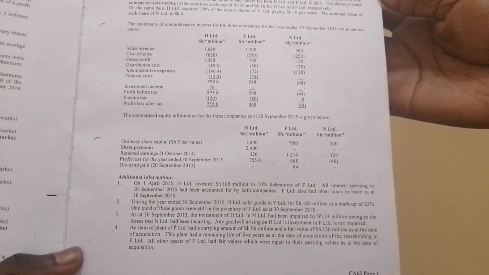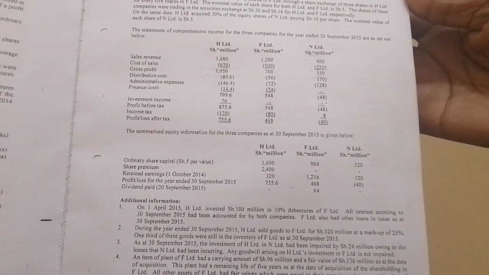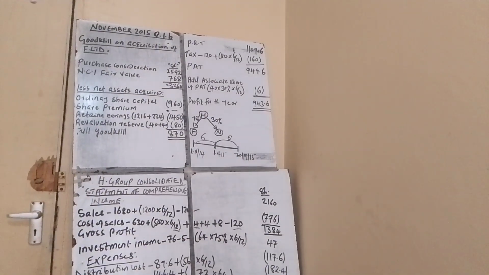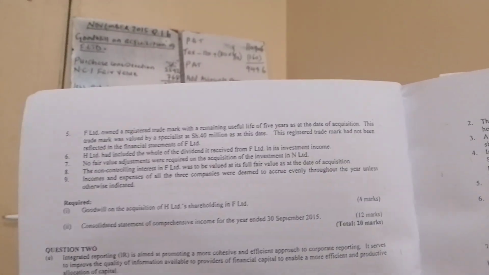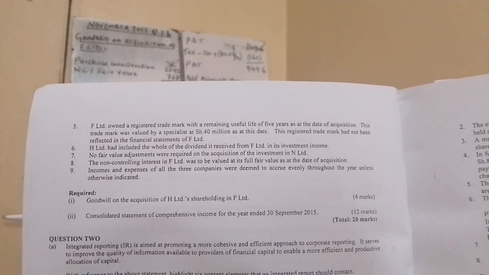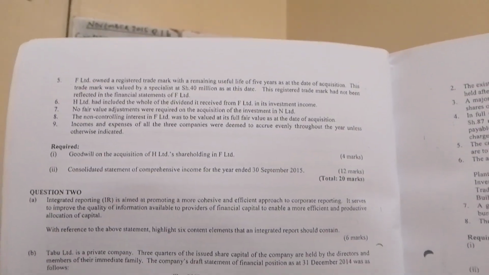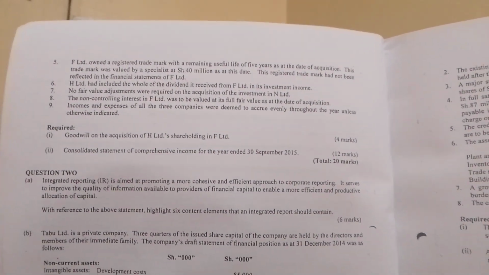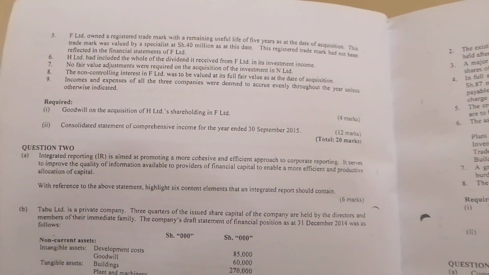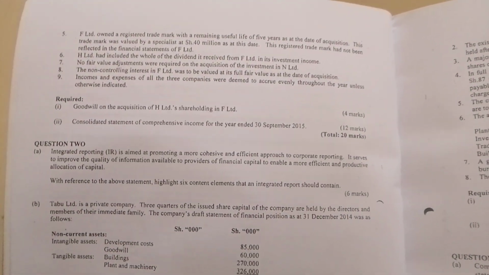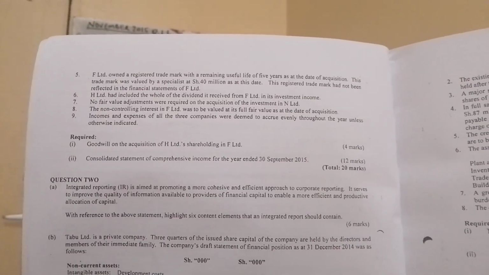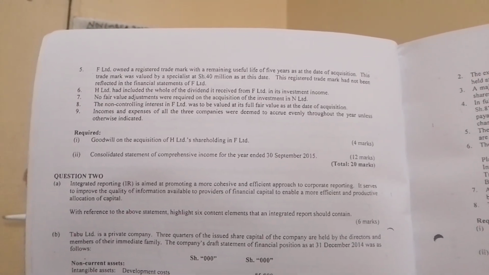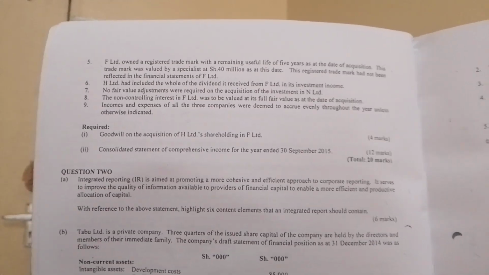That was your question. We are required to calculate goodwill on the acquisition of H Limited shareholding in F Limited, as well as consolidated statement of comprehensive income for the year ended September 2015.